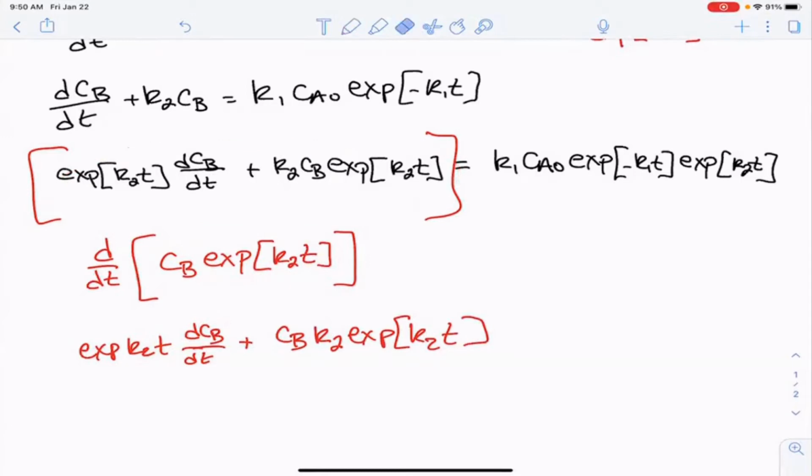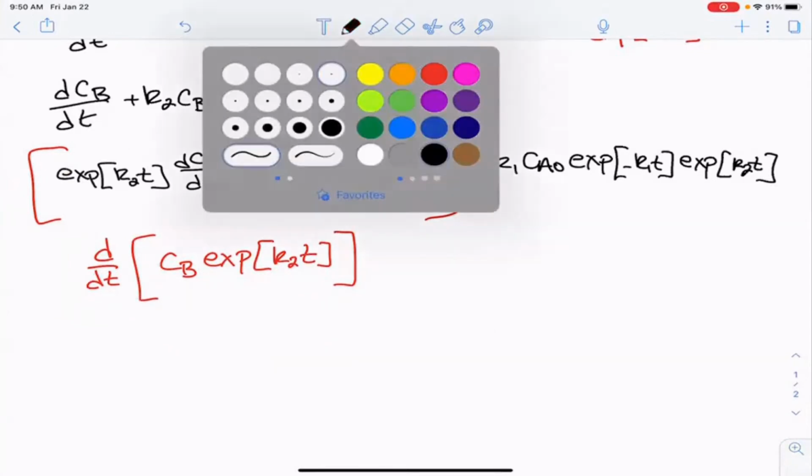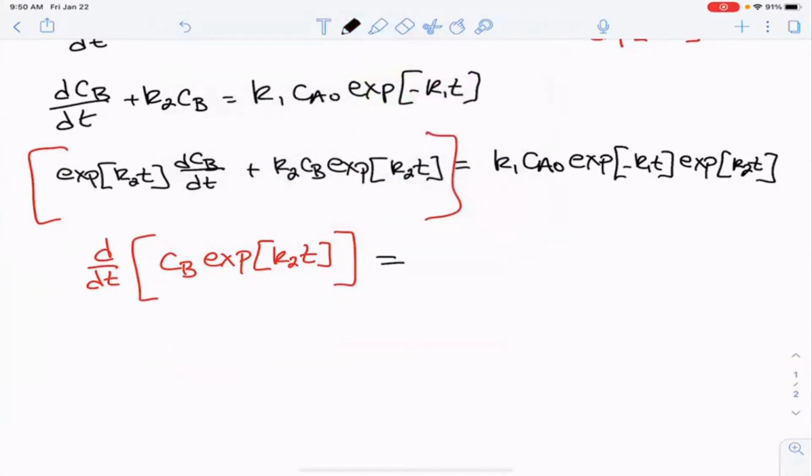So all we've done is capture one combined term that's inside of this time derivative. So d/dt of CB times the exponent of k2t is just equal to the same thing that was on the right-hand side of the equation.